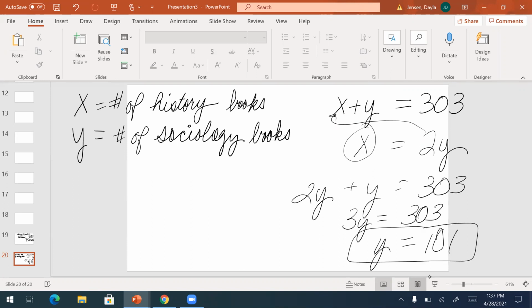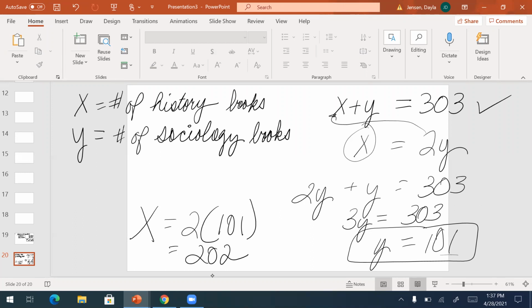If y is 101, then I can go back to that second equation and find out that x equals 2 times 101. So x must be 202. And we can double check to see that x, 202, plus y, 101, is in fact 303.